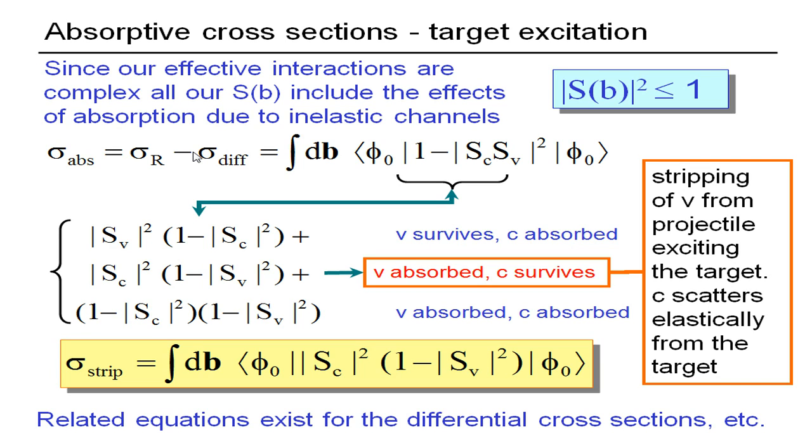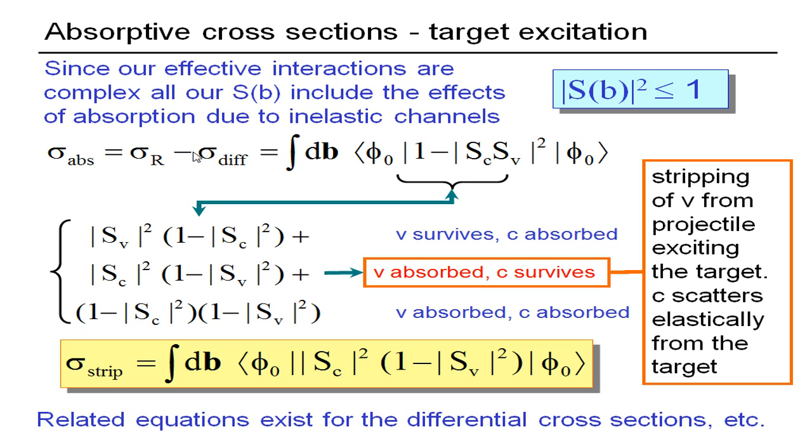Now if I want to ask what is the absorption cross-section, if I fire oxygen 23 at beryllium 9, I want to know the probability, the absorption cross-section, which is the probability that I don't get oxygen 23 coming out the other side. Total absorption cross-section.